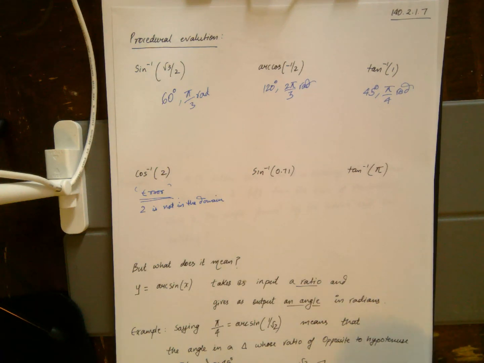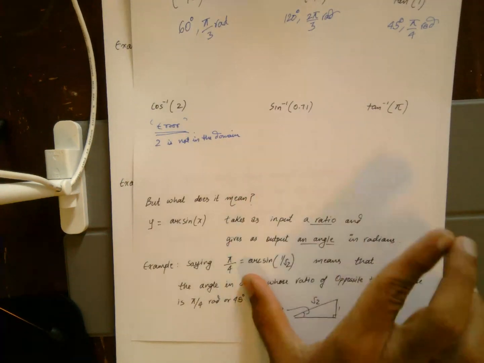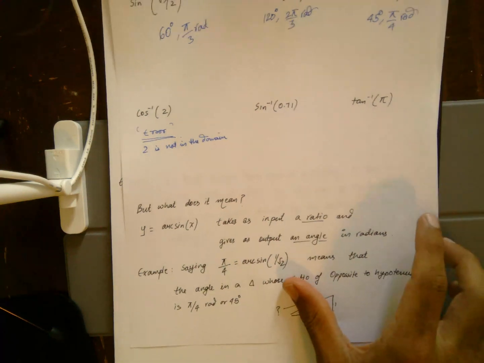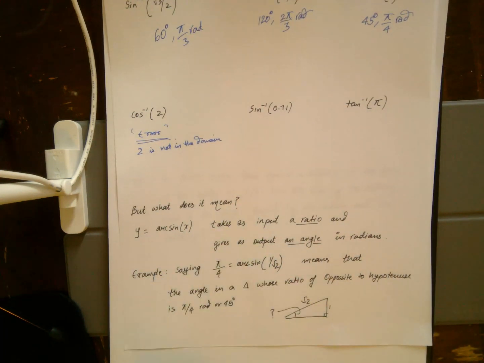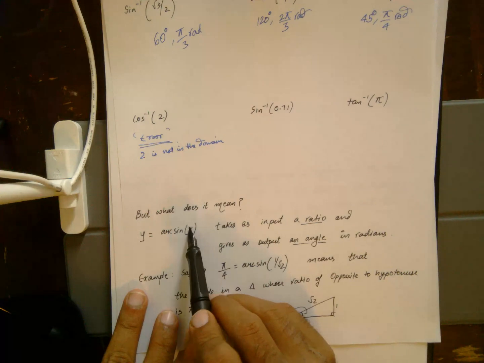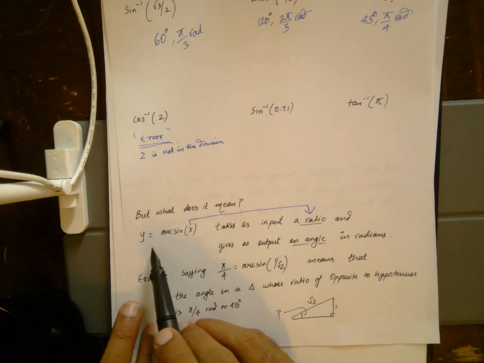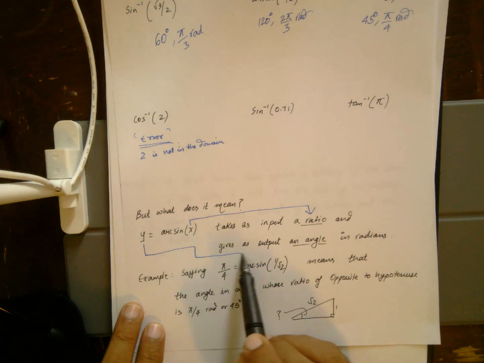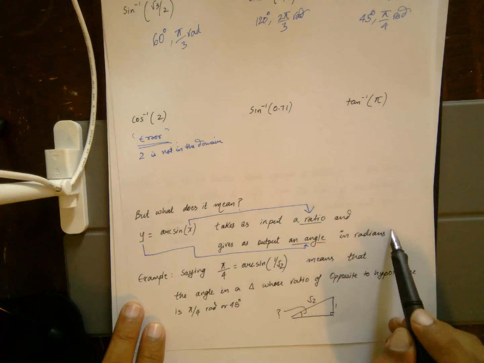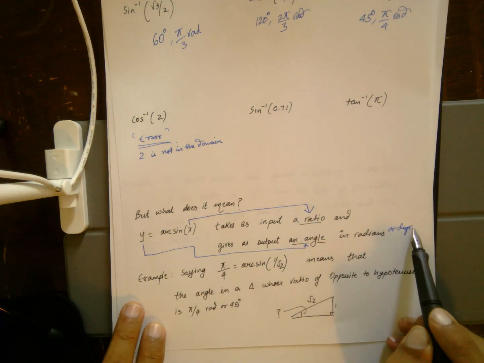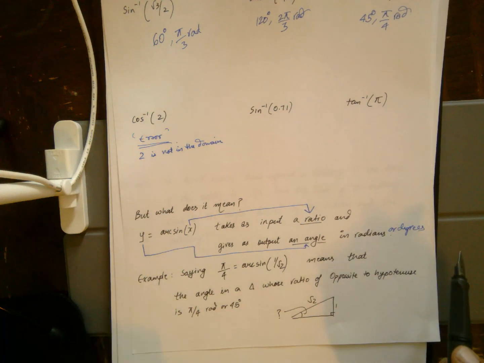Let's see what it really means. For example, if I take arc sine x, what is the input? The input x is a ratio. And what is the output? The output is y, which is an angle in radians or degrees, depending on whatever mode you are using.